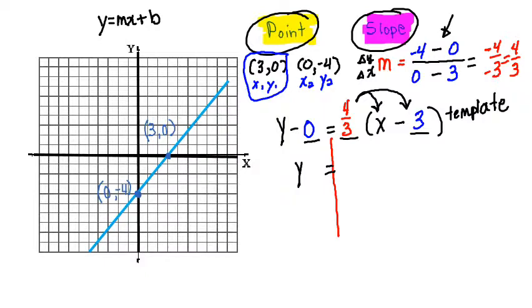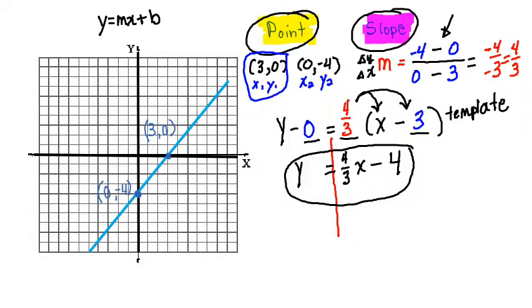I call that distributing the milk into the dry ingredients because, of course, we're always making cake. So 4 over 3 x. Signs first, math second. I have a positive number, a negative number, so it's going to be negative. And that's going to give us 12 over 3, or you can do the fraction thing, cancel things out. It's going to be a 4. And there's the equation of your line.